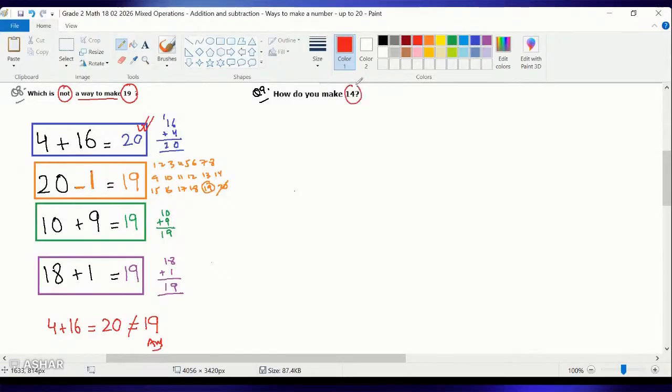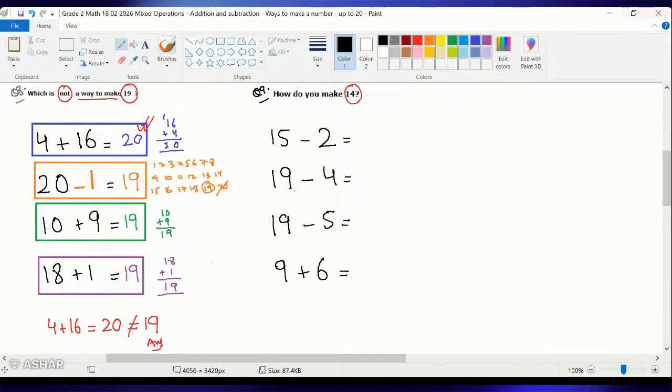They're asking us how we would be able to make a 14, such that the given options are 15 minus 2, 19 minus 4, 19 minus 5, and 9 plus 6.